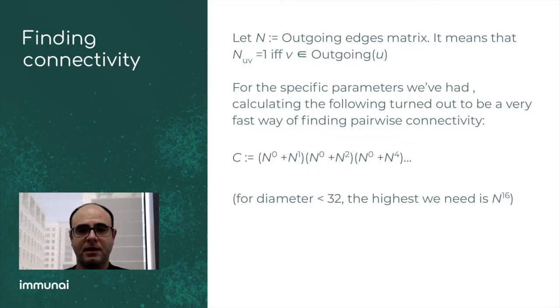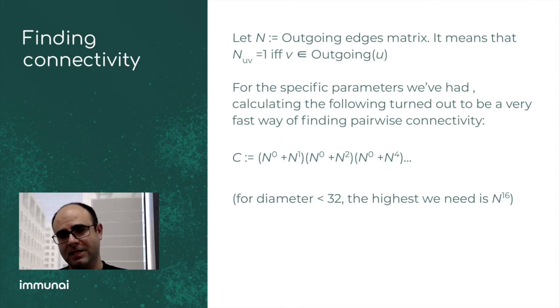Specifically, for the case that we were considering, the easiest path to make the computation quickly turned out to be to formulate it as a matrix problem. And it goes more or less like that. If you want to ask me in the questions part what's the exact intuition behind that: if you consider the outgoing edges matrix for all of the nodes of that graph, all you need to do to find the connectivity is to find a certain polynomial of matrices.